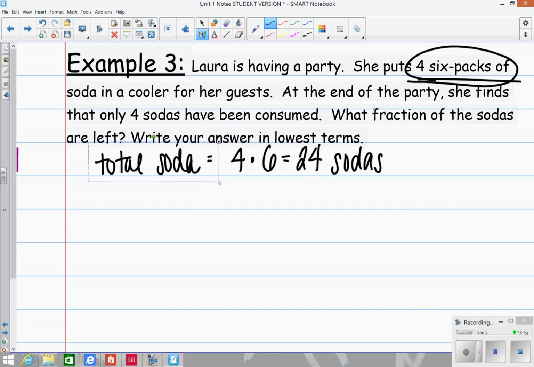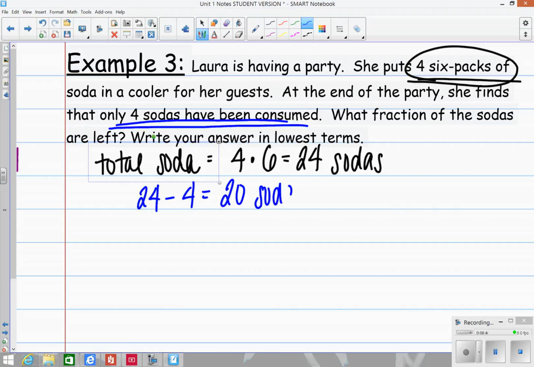And at the end of the party, she finds that only 4 sodas have been consumed. So that means if there was 24 to start and only 4 have been consumed, so 24 minus 4 means that there's 20 sodas left. So we start with 24, 4 are gone, so we subtract those, and now we're left with 20 sodas.